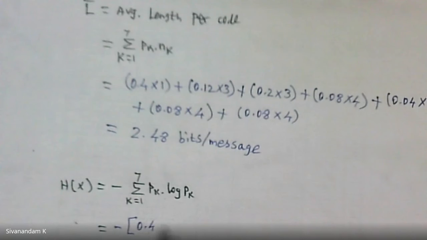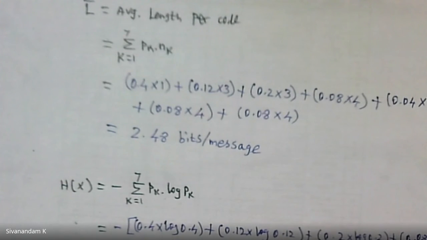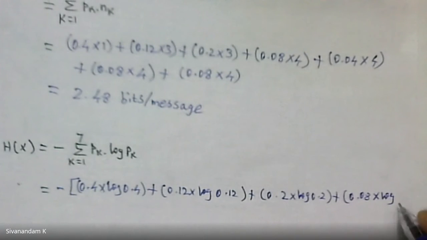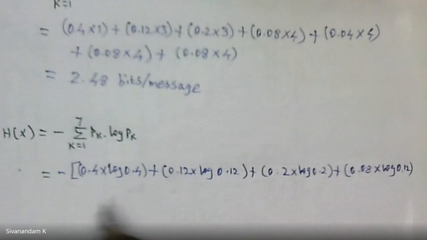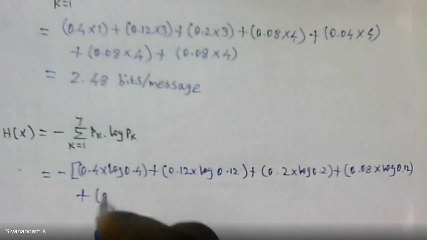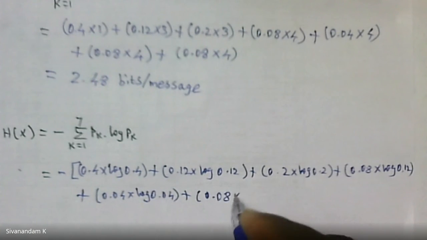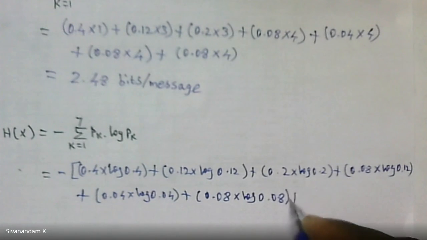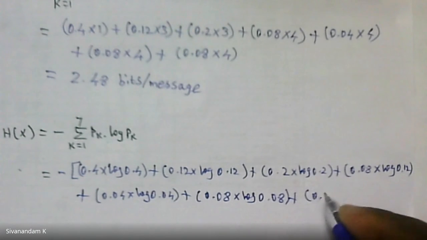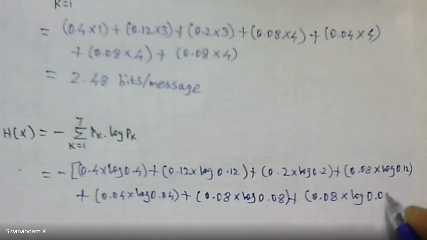Minus 0.4 into log 0.4 plus 0.12 into log 0.12 plus 0.2 into log 0.2 plus 0.08 into log 0.12 plus 0.04 into log 0.04 plus 0.08 into log 0.08 plus 0.08 into log 0.08.